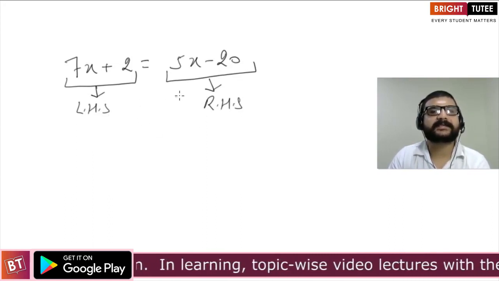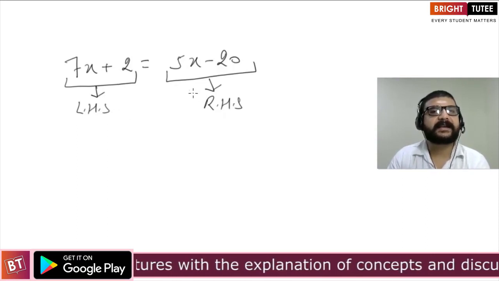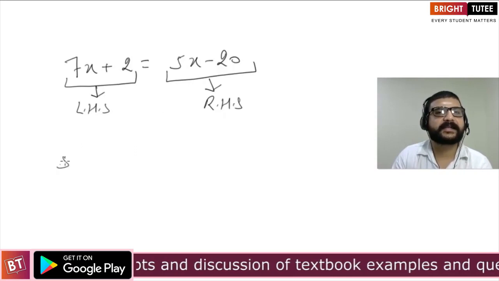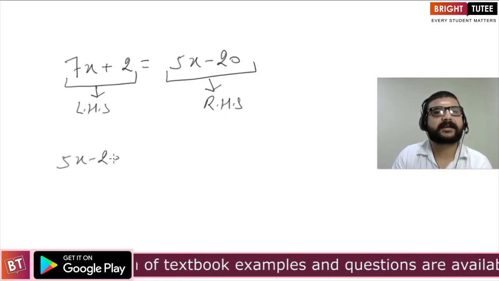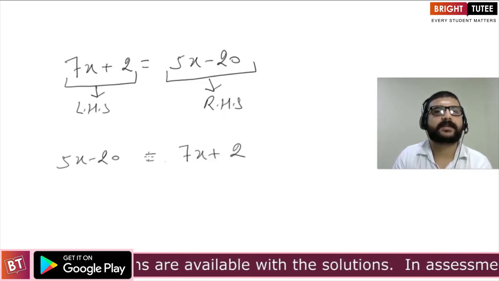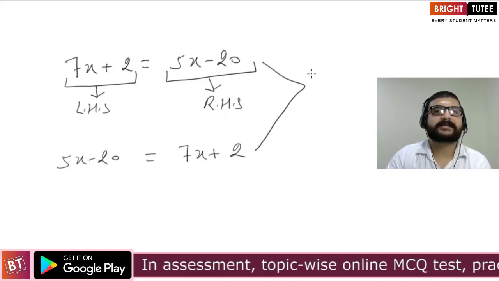Now what if we change position of right hand side and left hand side? What if we interchange them? If we write the equation as 5x minus 20 is equal to 7x plus 2, the equation is still same. These two equations are same only.